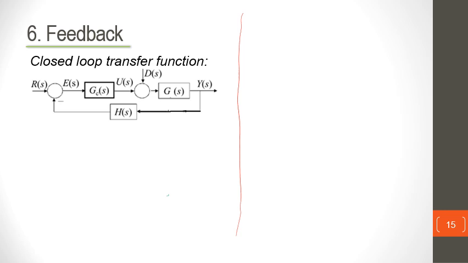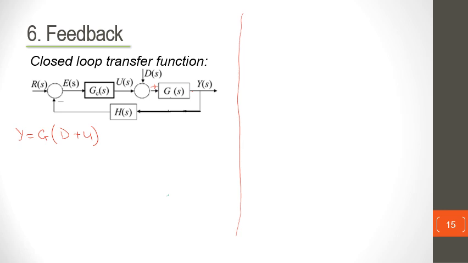So in this case, when you calculate the transfer function, I'll just use the letters here. If you look at the output y here, it's simply equal to the transfer function g multiplied by the input that comes here, and the input that comes there is the disturbance plus u.